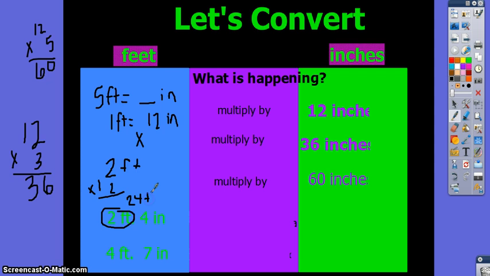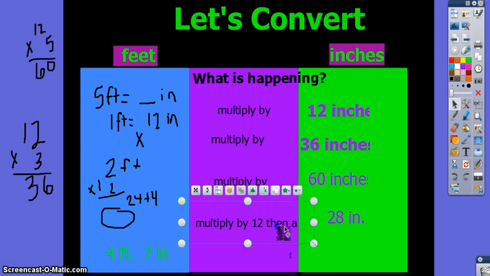But I have to add 4 more inches on for this right here. So 24 plus 4 equals, slide this over, 28 inches. Okay, so what did we do? We multiplied by 12, then we added 4. My fonts are just not coming up right here. Can't fix it. So we multiplied by 12, then we added 4.